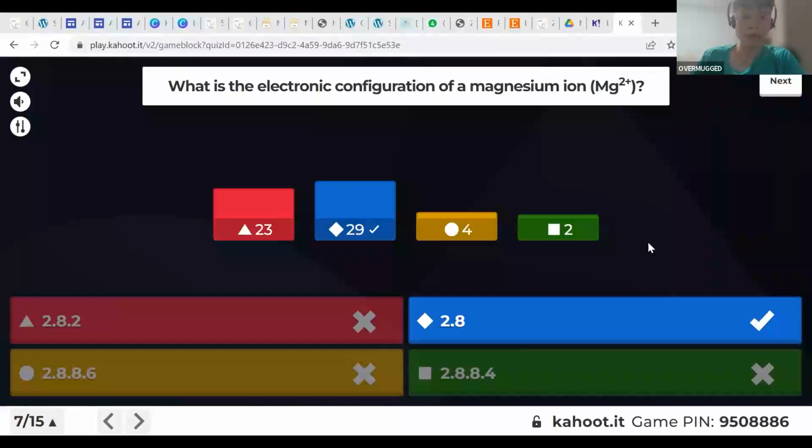Ion, lose 2 electrons already, so 2, 8 only. This 2, 8, 2 is the atom.